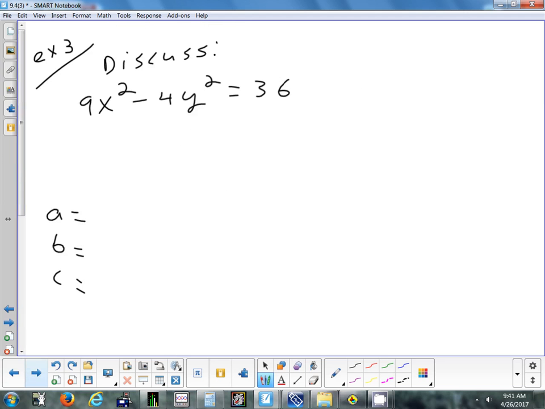Let's try the same thing again. What's going on here? It's not in the right form. What does it have to be in? It's got to be equal to 1. So how do I get it equal to 1?